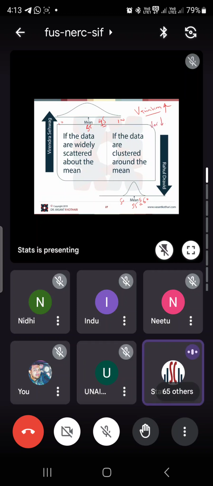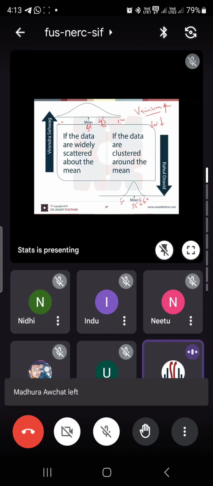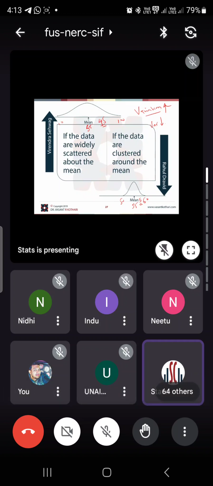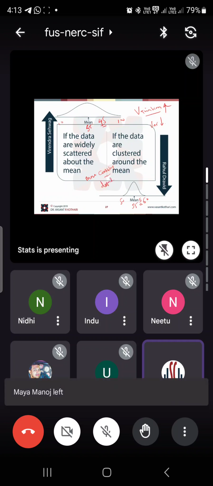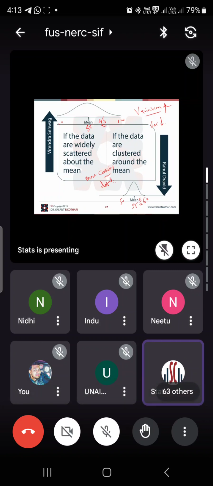Variation should be less. If variation is less, it means that consistency is more. Less variation means more consistency. More consistency means more dependability. And more dependability means more trust.